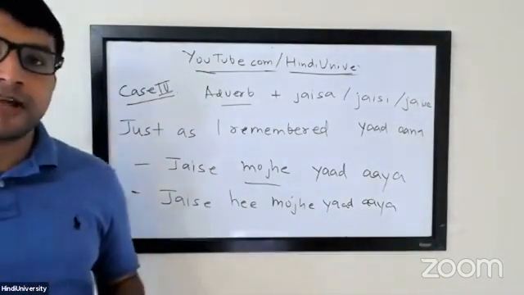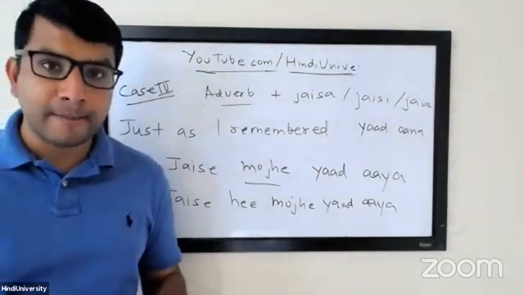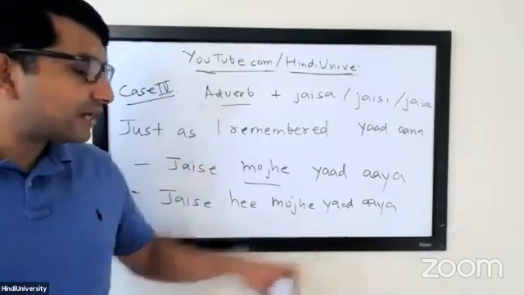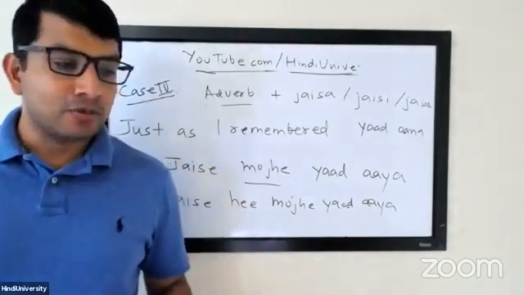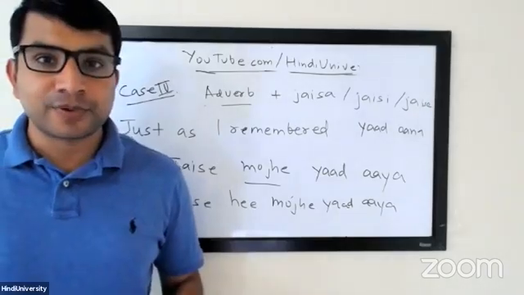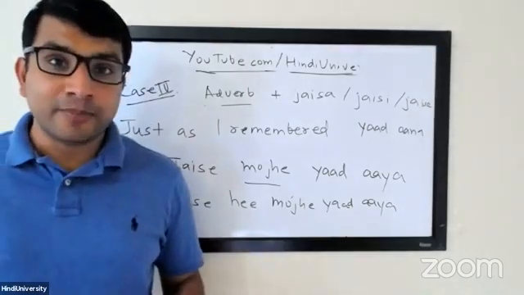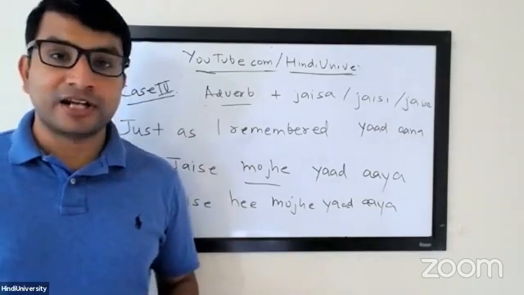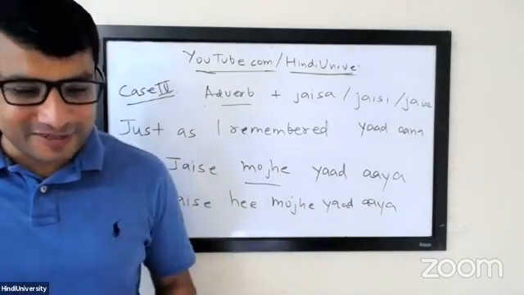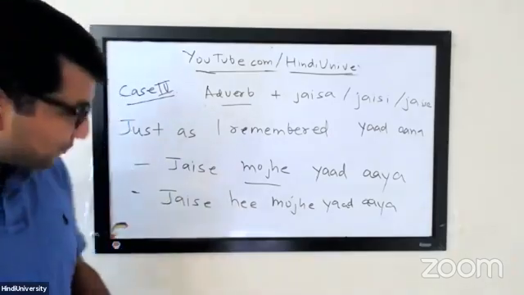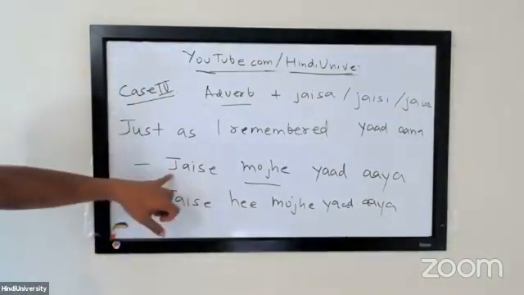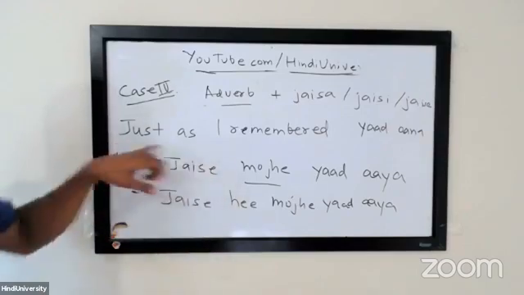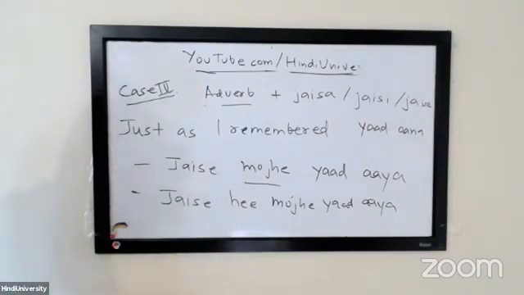Just as I remembered, I went to the kitchen. मैं किचन में गया and I turned off the stove. जैसे ही मुझे याद आया मैंने उसको बर्थडे विश किया. जैसे ही मुझे याद आया, you know what I mean, right? You can fill in the blank. In this case, it's serving the purpose of an adverb and it means just as.